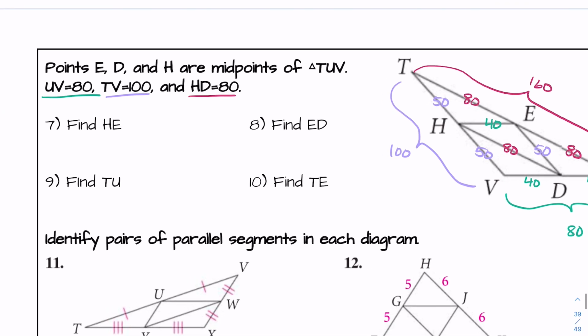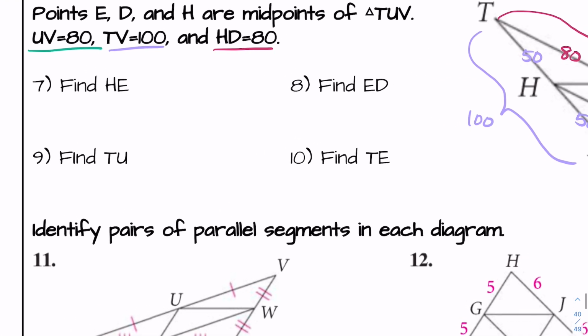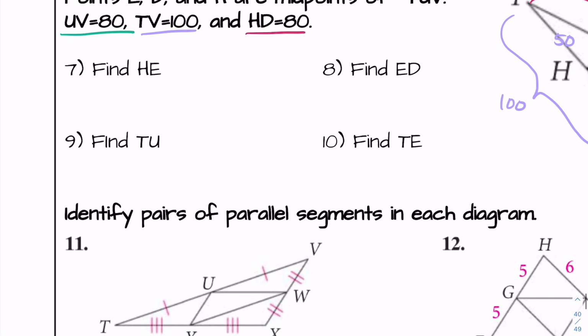So HE is 40. Oop, this is poor practice. That should have a line above it. This one has a line above it when you're calling it by name, which is what I did. Then the line above it drops away when you're actually answering the question, right, with an equal sign.